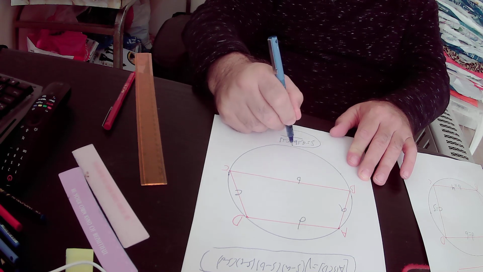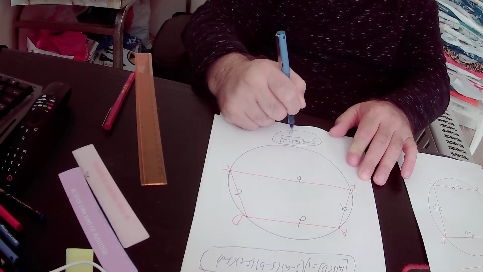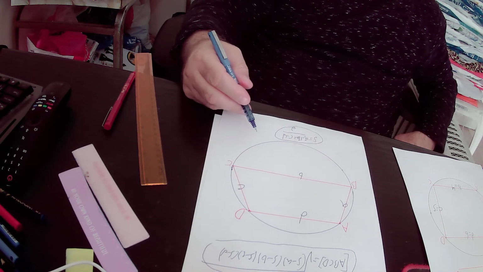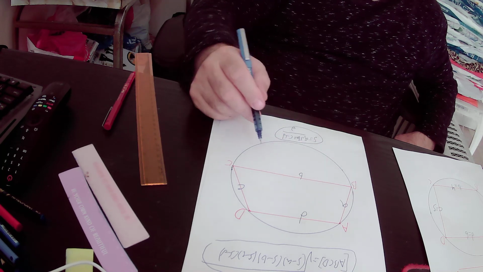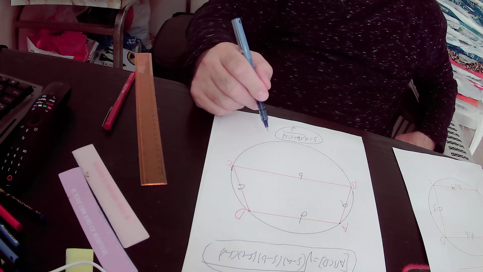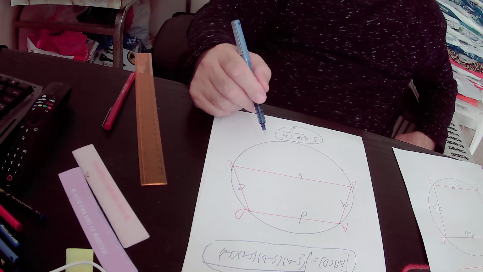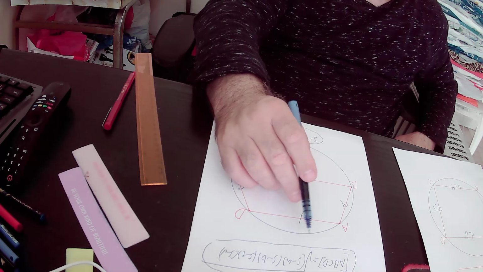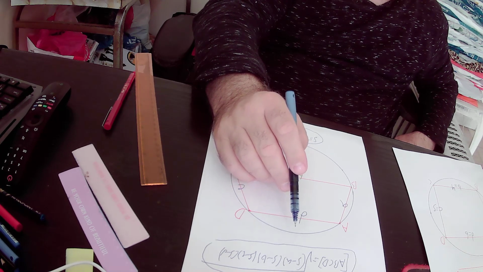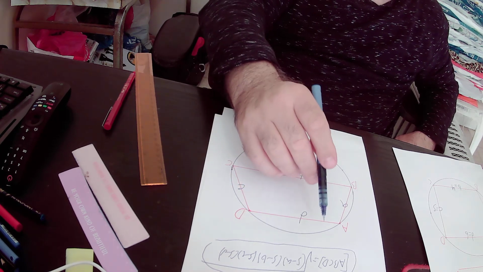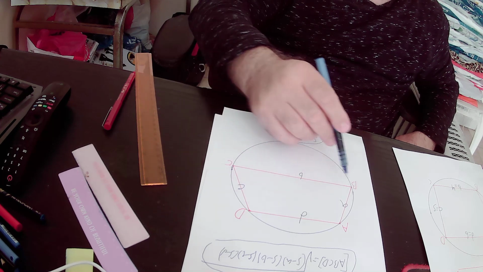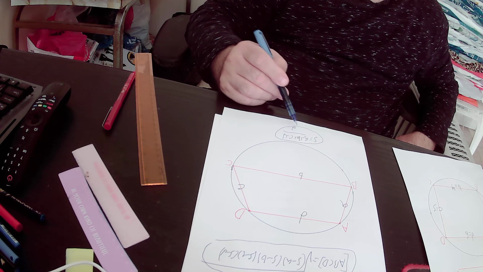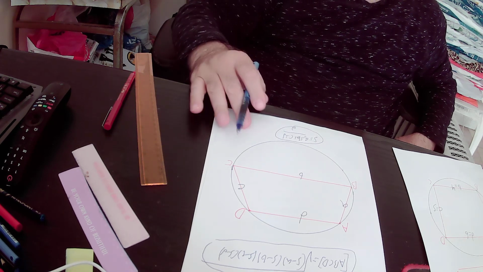Okay, so if you have a quadrilateral that is inscribed by a circle like in this drawing, then the area of that quadrilateral can be calculated according to this formula, and in this formula A, B, C and D are the lengths of quadrilateral ABCD sides, and S equals A plus B plus C plus D over 2.